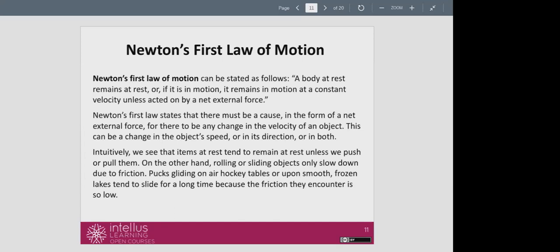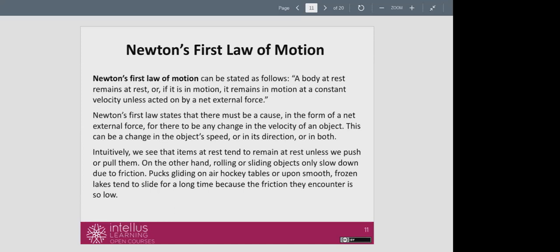Okay? So let me read it a different way for you, and then we'll get a little bit deeper. A body at rest remains at rest unless acted upon by a net external force.